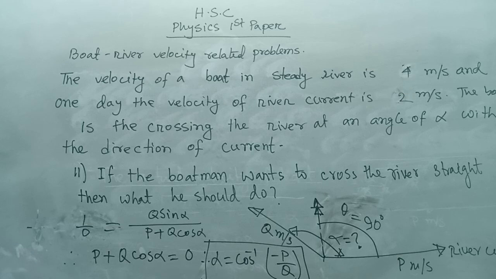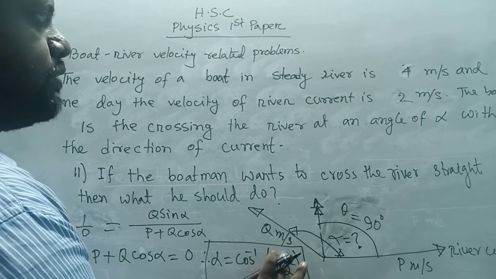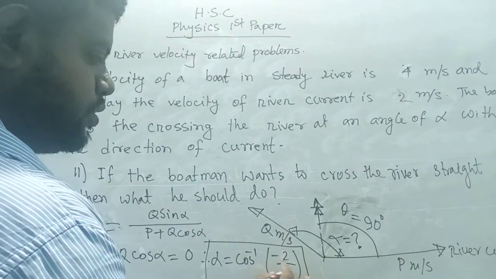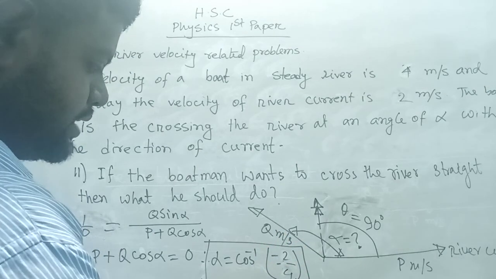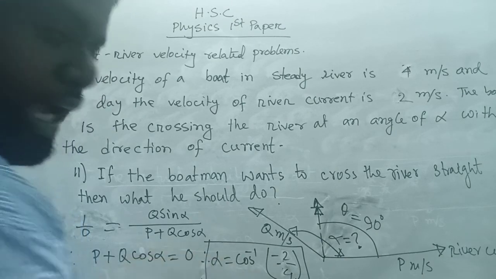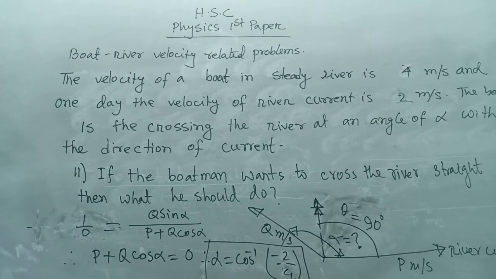The velocity of P is 2 and Q is 4, that means half. In that case alpha will be 120 degrees. So if the velocity of boat is double the velocity of current, then easily you can say that to move straight, the angle will always be 120 degrees.